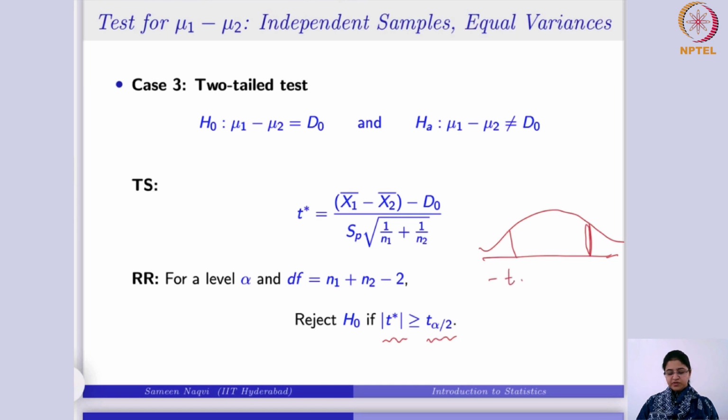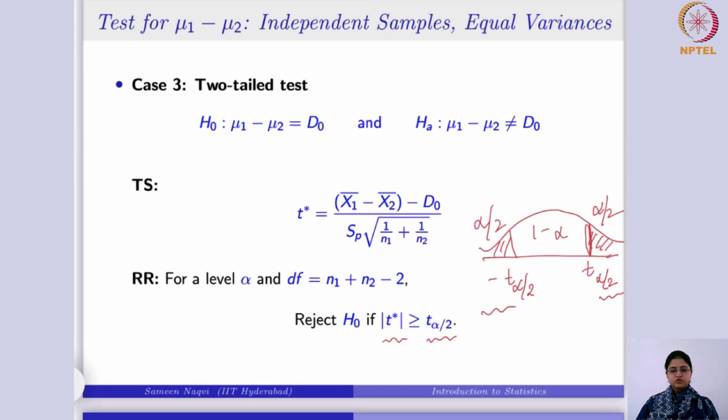It is not a perfect normal distribution, so I am just drawing it. So this is alpha by 2 and this is alpha by 2, and this would be 1 minus alpha, so that the area below the curve is 1 minus alpha. So if this happens or this happens, you are going to reject the null hypothesis.